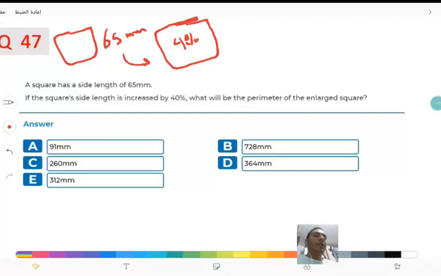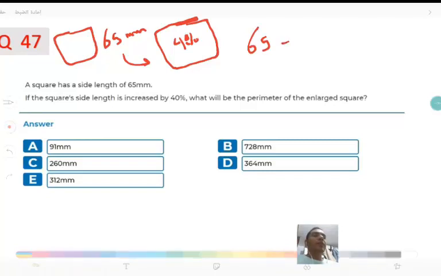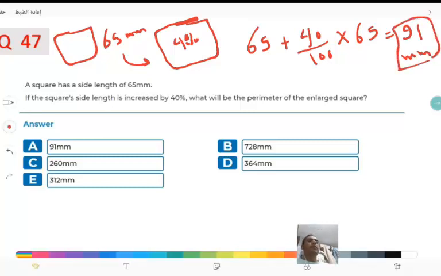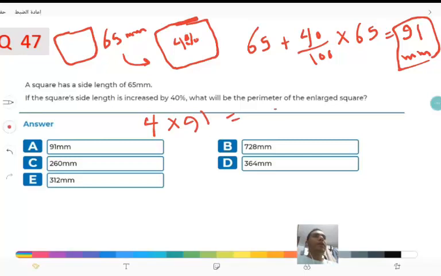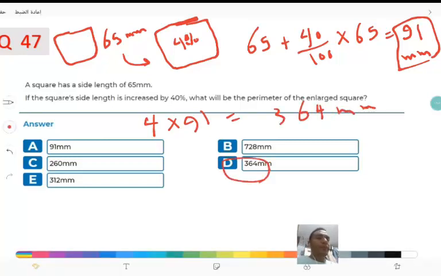Let's find the new side length after the enlargement, which is 65, the original side length, plus the increase. The increase is 40% of 65. So the answer is 91 millimeter. This is the new side length. Now it's easy to find the perimeter, which is 4 times 91 equals 364 millimeter, which is D. That's it.